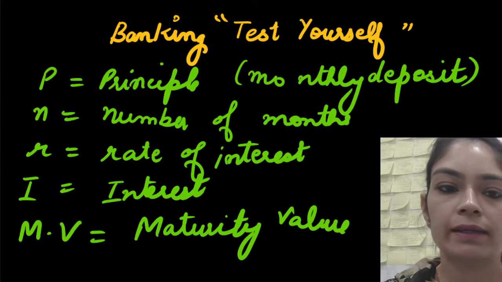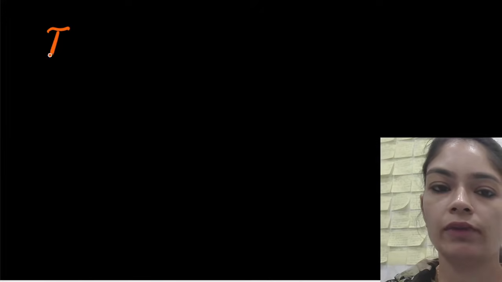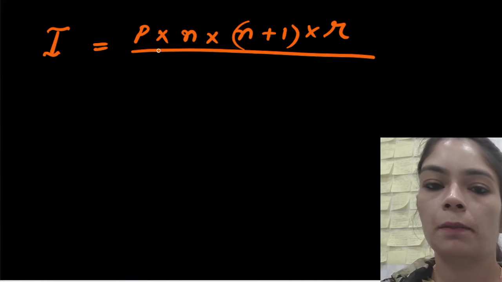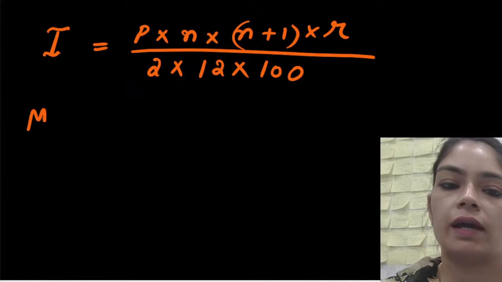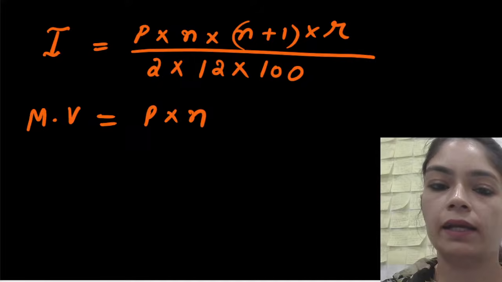So I'll be just writing the formula now and then let's start with the exercise. So formula of interest, this is equals to P into N plus 1 into R by 2 into 12 into 100. Then we have MV's formula, which is P into N plus interest.